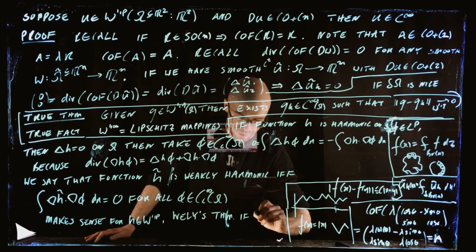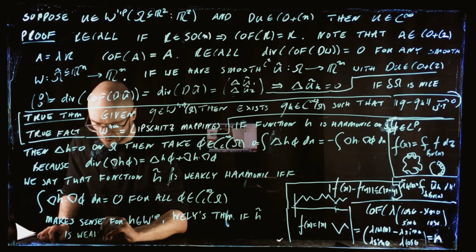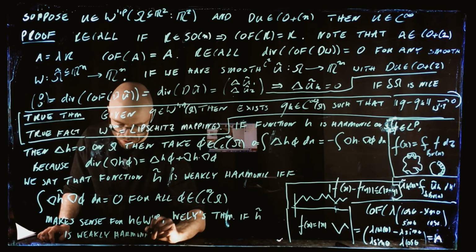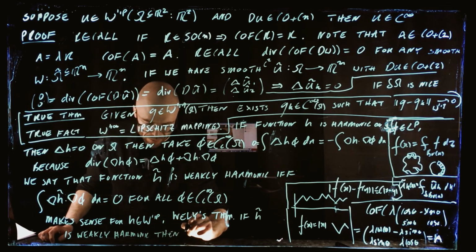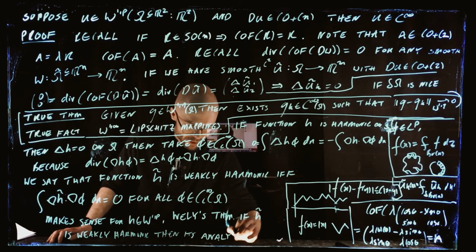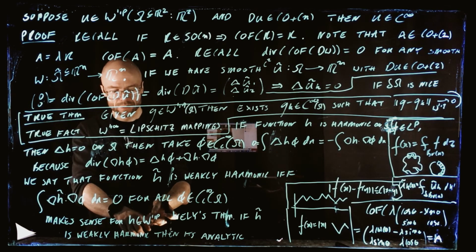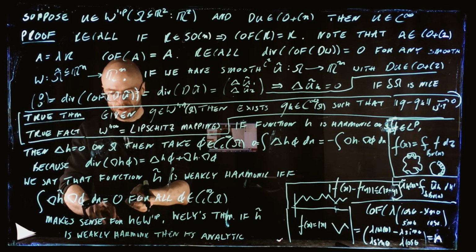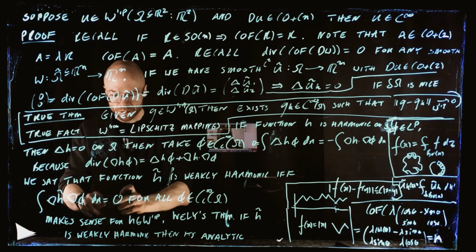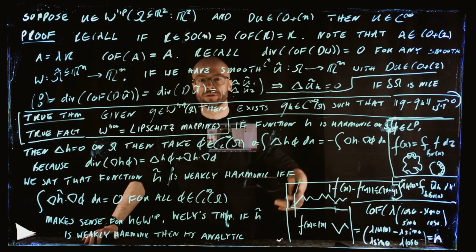If h tilde is weakly harmonic, then it's analytic. So we go all the way from having something that has just one derivative and satisfies this weak harmonic equation, this weak Laplace's equation, to recovering that it's actually analytic, all the derivatives exist.